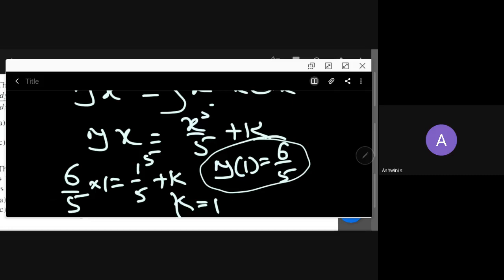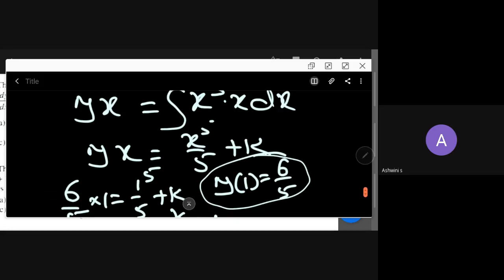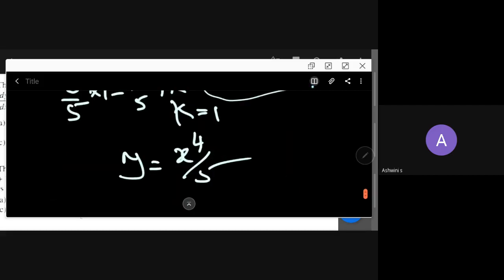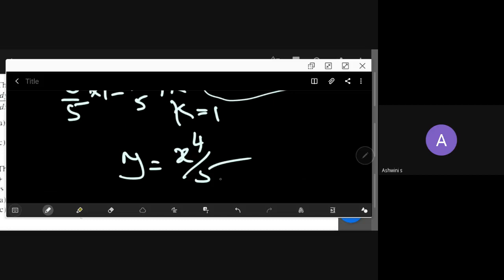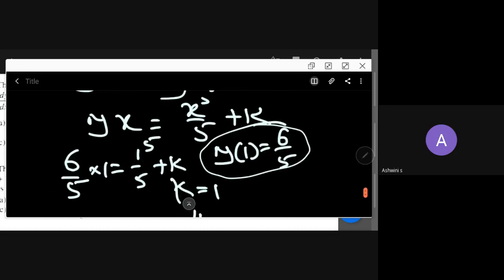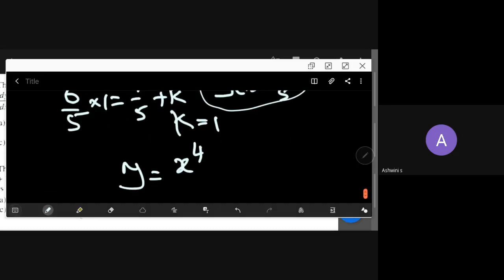That is right. So y is equal to x power, what did I say? Oh, right. This is a small mistake. So y is equal to x power 4 by 5, yes, plus k by x.